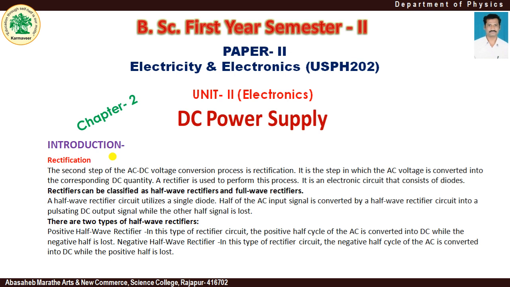Again, the forward resistance offered by the semiconductor diode in forward biased condition is so small, and this forward resistance is different for direct current and for alternating or varying currents.